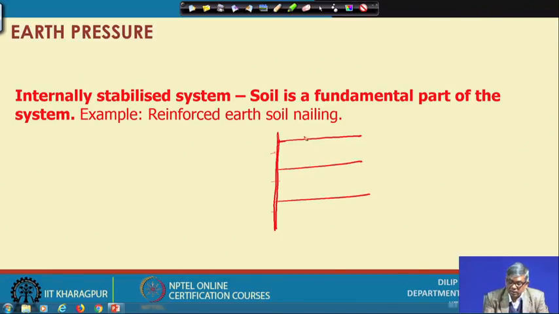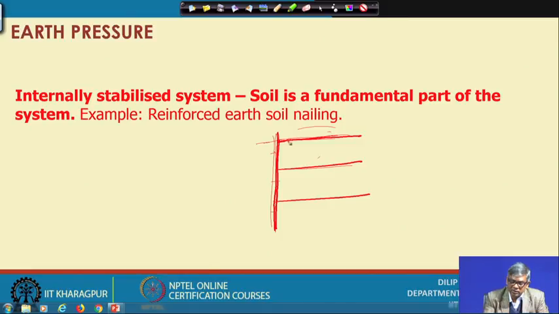So, when the soil is there and the height is quite significant, it will try to move, and when it tries to move in this direction, friction will develop between this reinforcement and the soil, and you have to design, of course, how frequently and how closely you have to put it. If you design properly, then with nominal thickness of the wall and reinforcement inside the soil, one can make the wall, and they are quite popular now, and this is quite economic also.